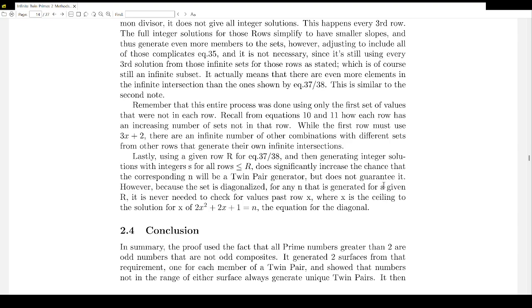We've shown that there's no row R that you could go to where you couldn't find numbers that are in all those rows and thus not in the first two surfaces. However, the function's only good up to each R that you plug in, and there's always a chance that one of those numbers is a number that's in the next row somewhere.